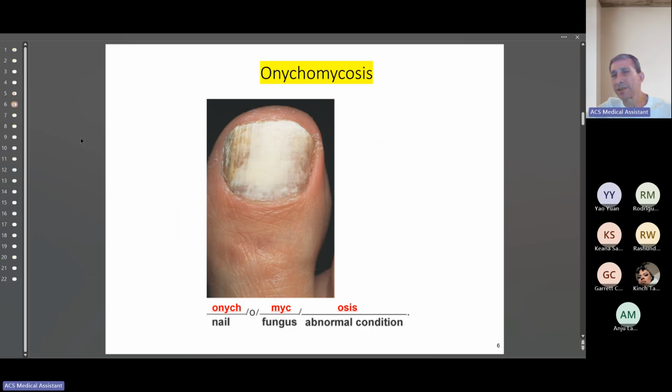Okay, so this is a term that you're now gonna get very familiar with because we know the condition. When you have fungal of the nails, we call it onychomycosis. That is the correct medical term.